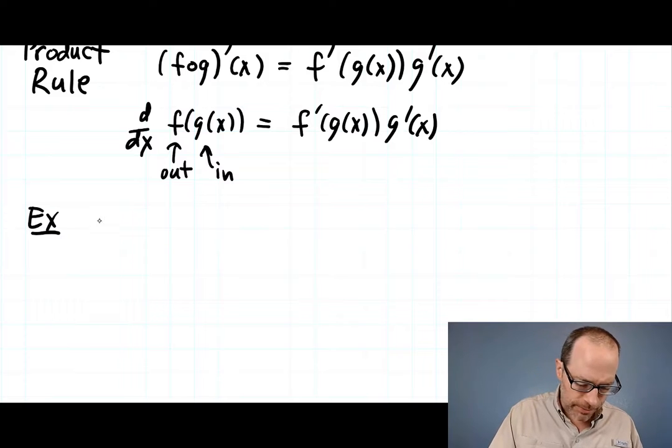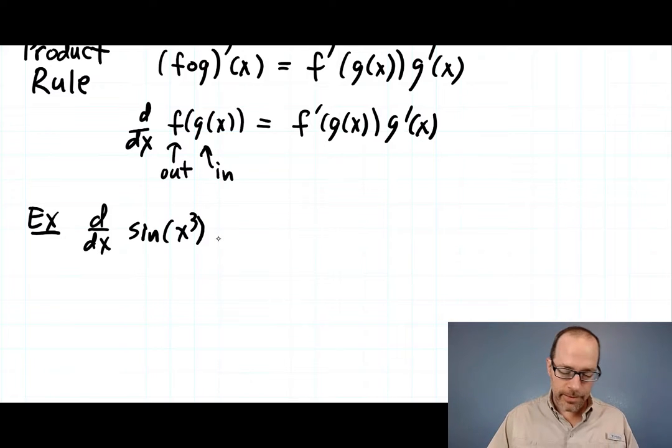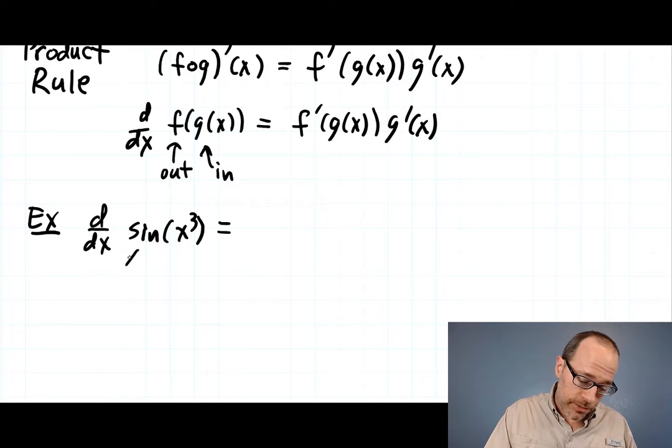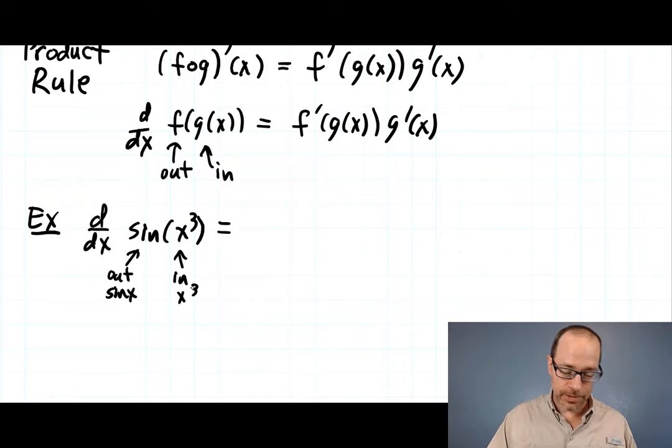So the first example is d by dx of the sine of x cubed. All right, you have to recognize this is a composition of functions where the outside part is the sine function and the inside part is the x cubed function.